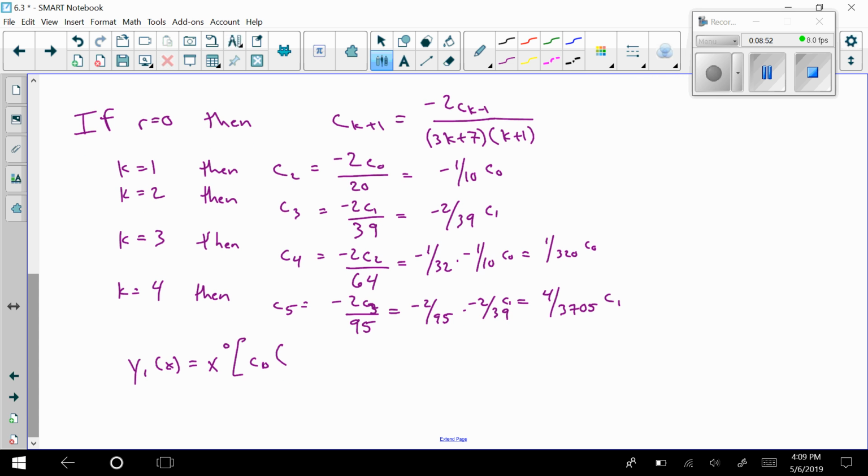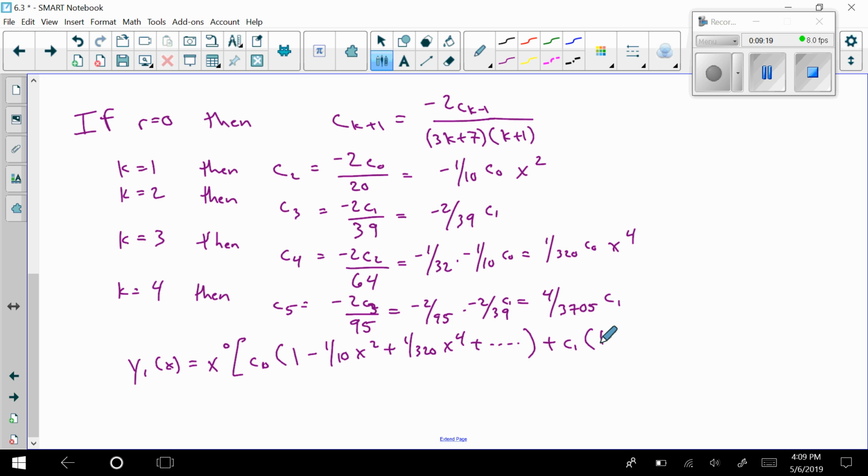Of course, my very first one is just the 1. And then my next one is, because this is a 2, x squared. Then x to the 4th. So then I'd have a minus 1/10 x squared plus 1/320th x to the 4th, and so on. Then it's plus c sub 1 times, well, now what's the c sub 1?